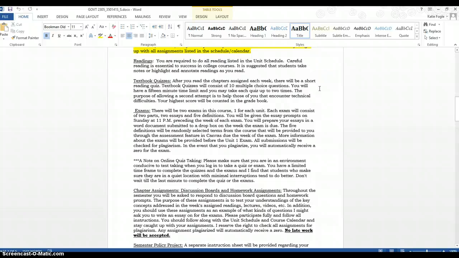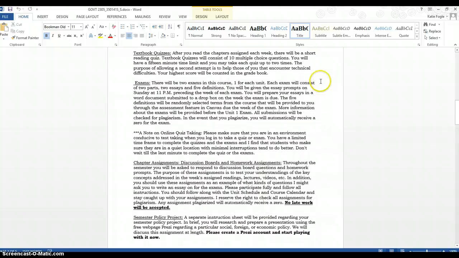As far as seeing your incorrect and correct answers, you will be able to do that, but only after the due date has passed. So you can go back in and check them if you want to study for an exam or you're concerned about what you missed, but only after both attempts have been made and the due date is already gone.